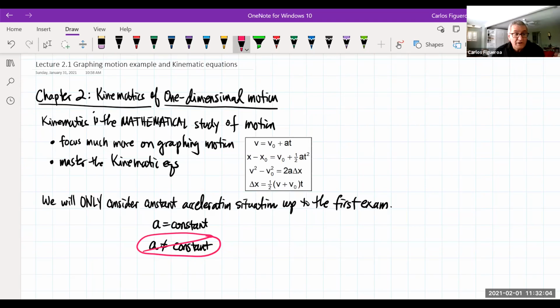So the first thing that I want to do is interpret and draw motion diagrams to represent the motion, because it's a powerful technique, as well as plotting. Okay, so the first thing that I want to do then is interpret graphical plots. So let's go do that.